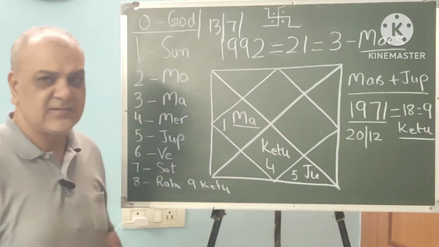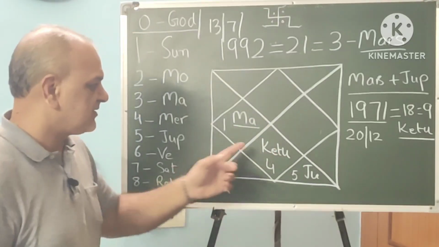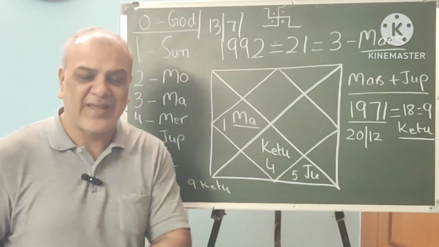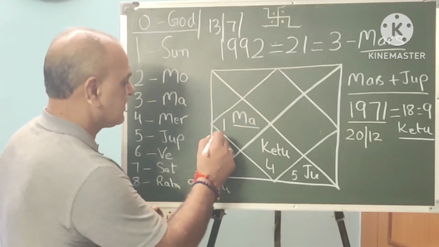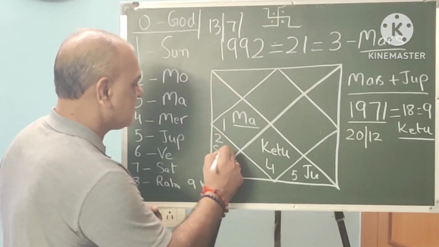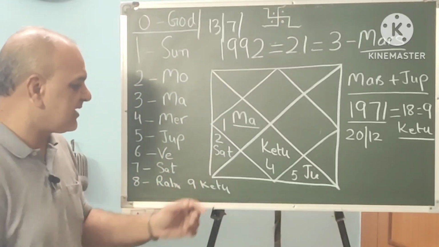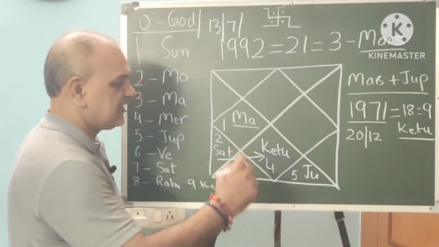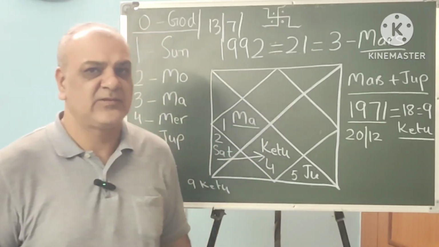Then we will hunt for planets that are with Ketu or the planets that are aspecting Ketu. So we will take one small beautiful example. Saturn is placed in the number 2 sign and with the third aspect he is influencing the beautiful planet Ketu.